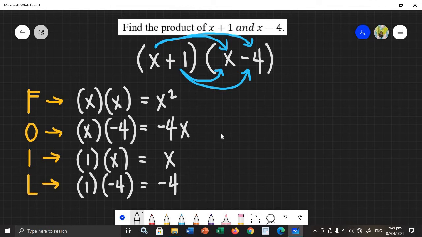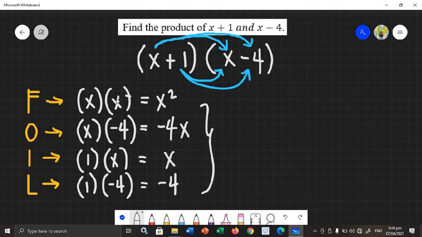Right after getting the product of each category in the FOIL method, we need to combine them according to the FOIL method. So, whoever came first will be first when we write it.